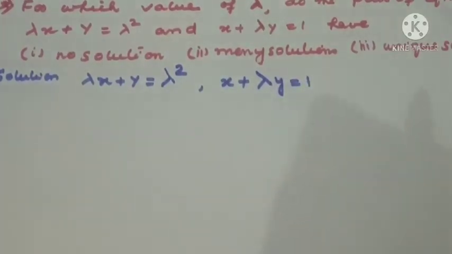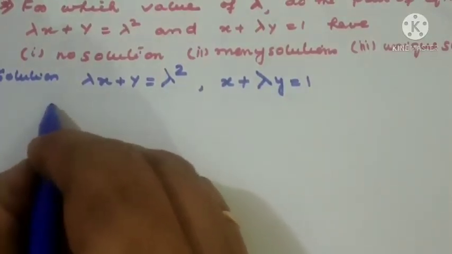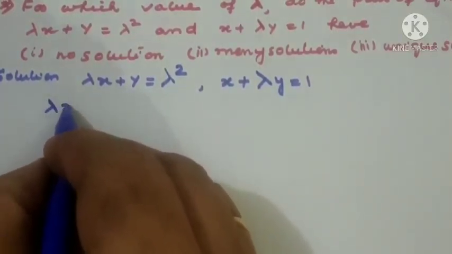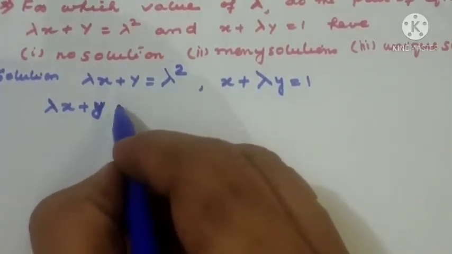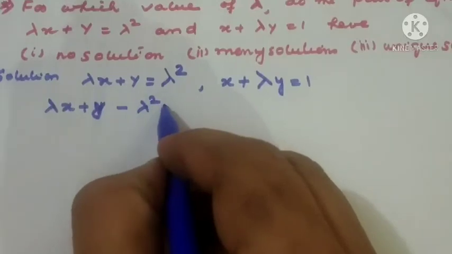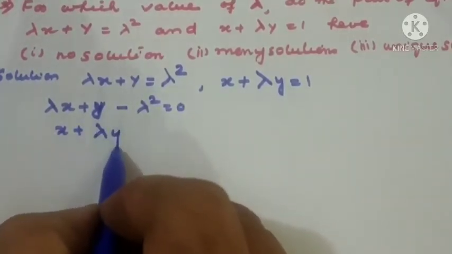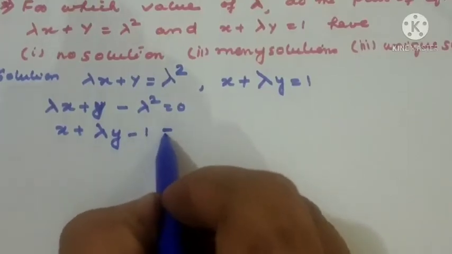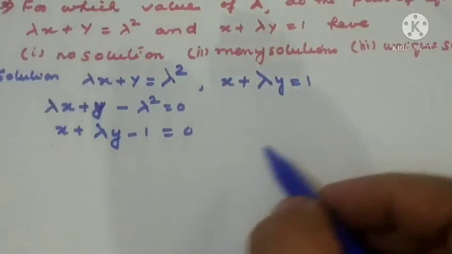These are the two equations. So first we have to write in standard form. So lambda x plus y minus lambda square equal to 0, x plus lambda y minus 1 equal to 0. First I'll calculate what is a1 by a2, b1 by b2.